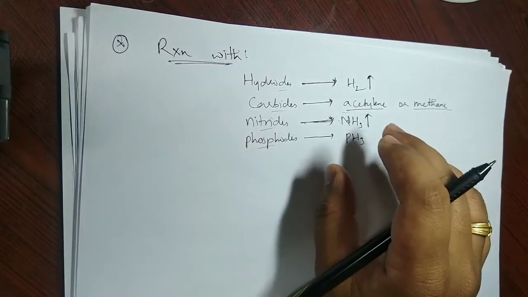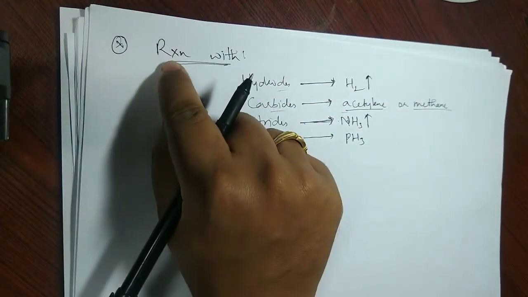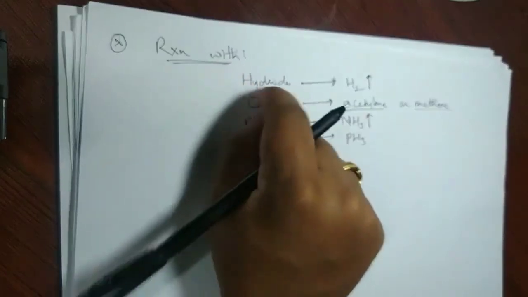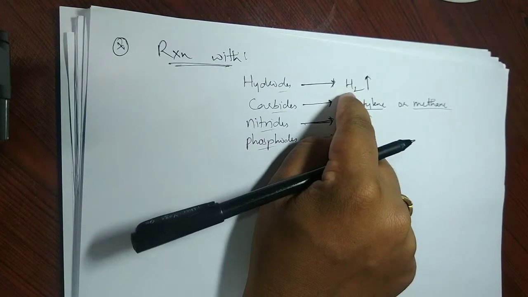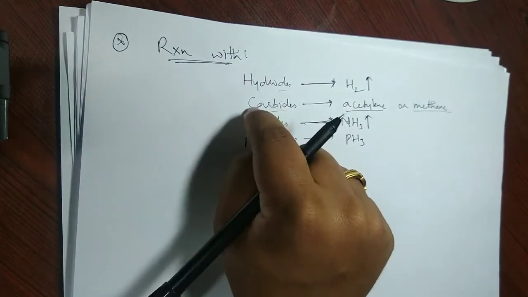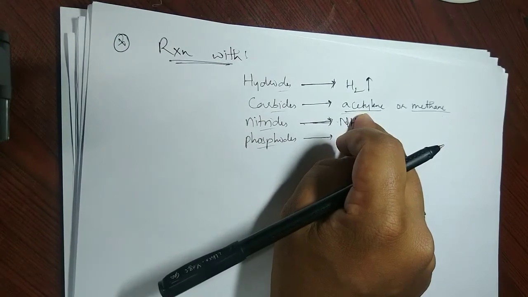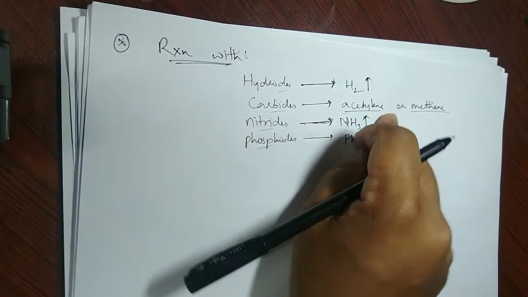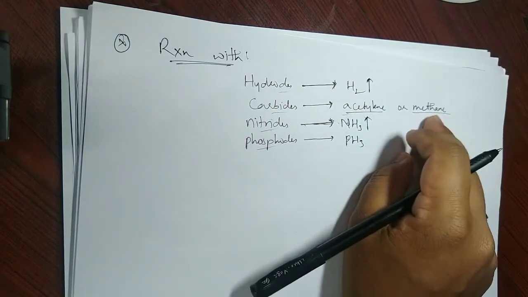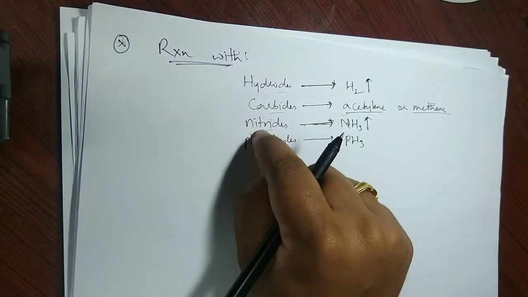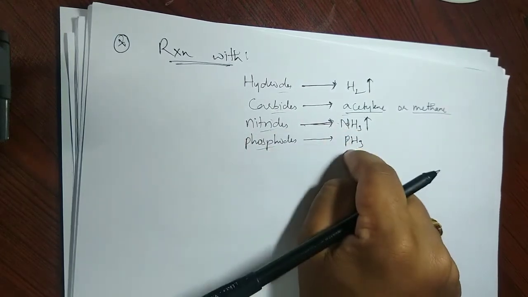So I have covered many reactions in these four words. One more time: if the reaction is happening with metal hydrides, there will definitely be hydrogen gas liberated. If it is reacting with carbides, acetylene, that is ethyne, or that ethyne can be further hydrogenated to form methane. Nitrides will always liberate ammonia, and phosphides, phosphine.